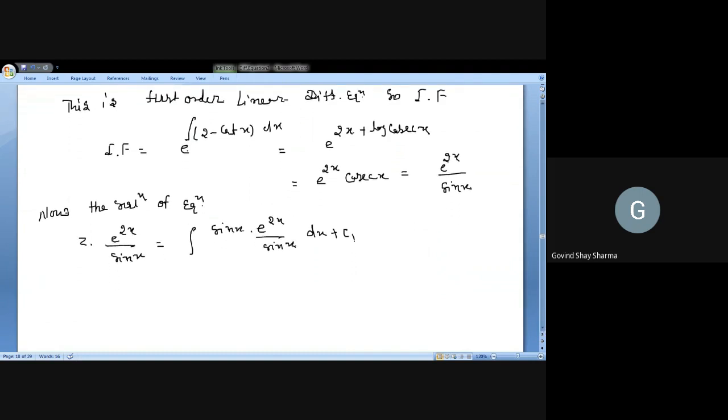Now this sin x cancels. So this becomes e to power 2x plus c1, z e to power 2x upon sin x.